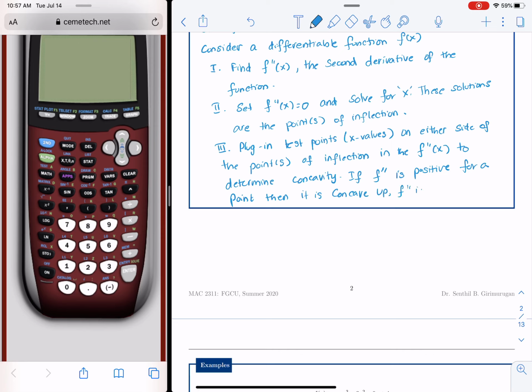If it is negative for a point, then it is concave down. And if it is 0, then it is neither.